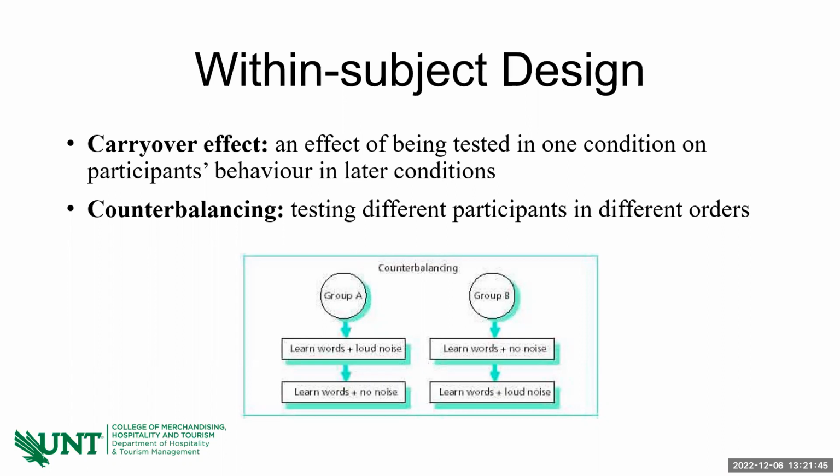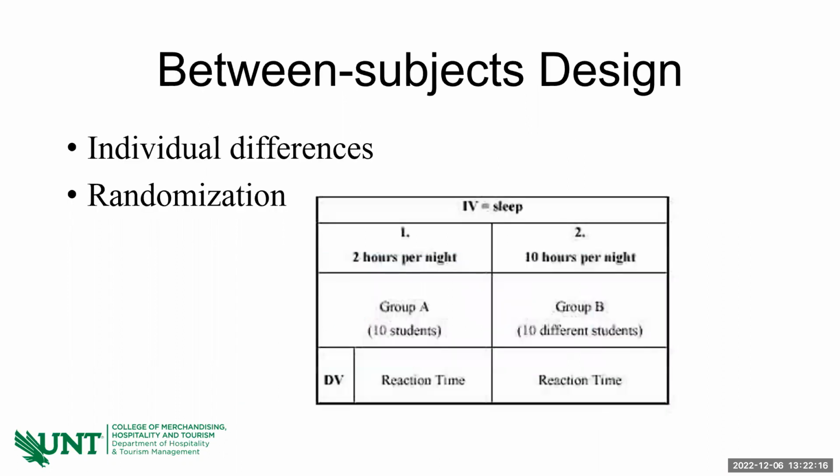The 50 people are still getting both treatments, but they are randomized into two groups. 25 eat cheese the first week and not the next week, while the other 25 do not eat cheese the first week and eat cheese the second week. You do this counterbalancing to exclude those carryover effects.